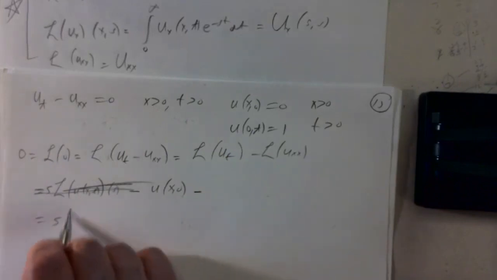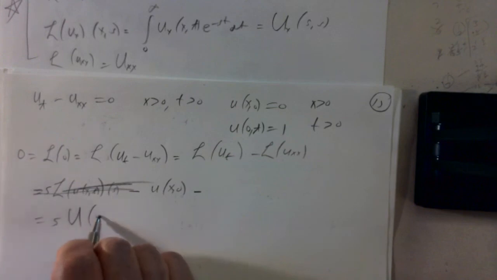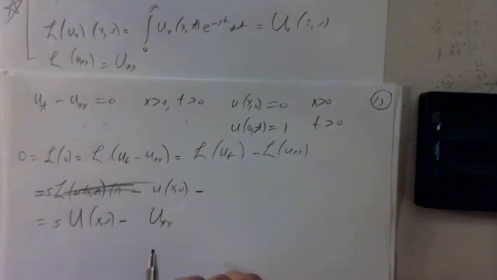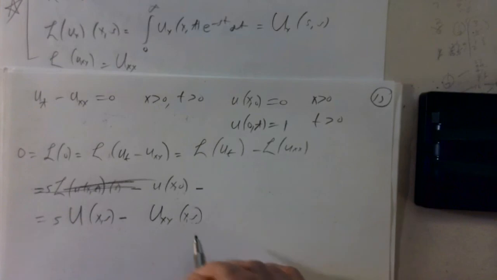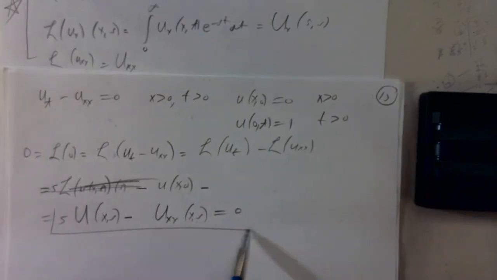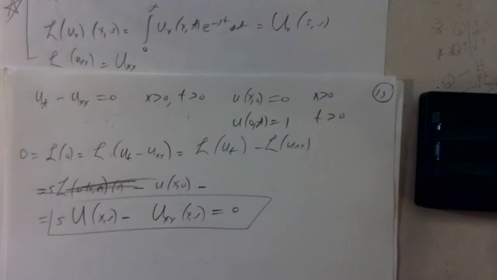This is s U of x, s minus the second derivative of U equals 0. I need more time, so I'm going to explain this on Wednesday.